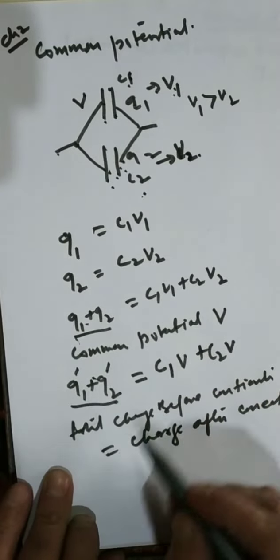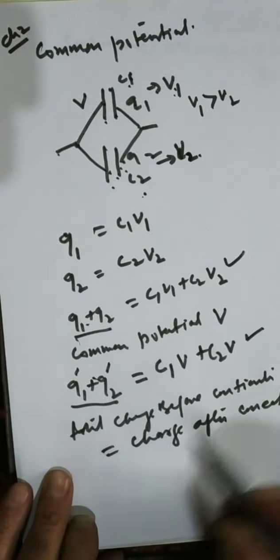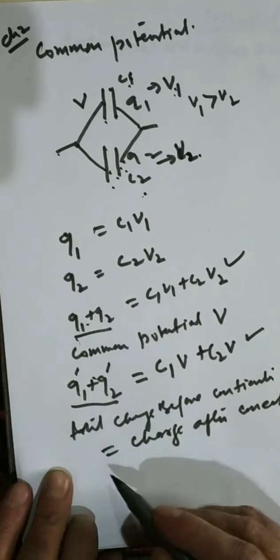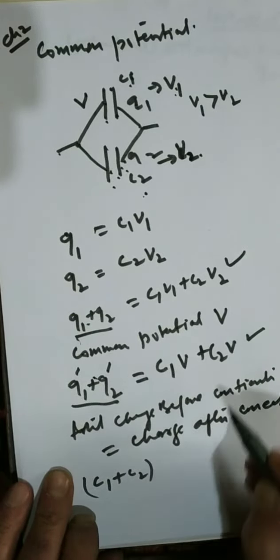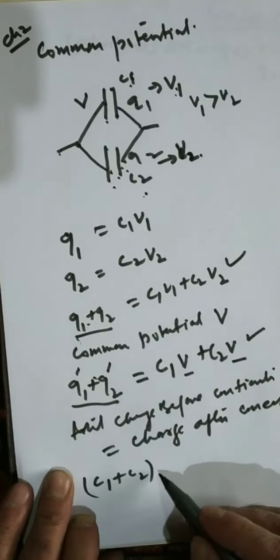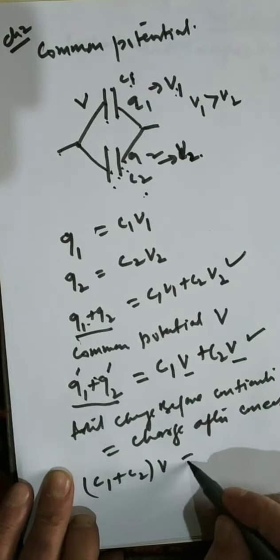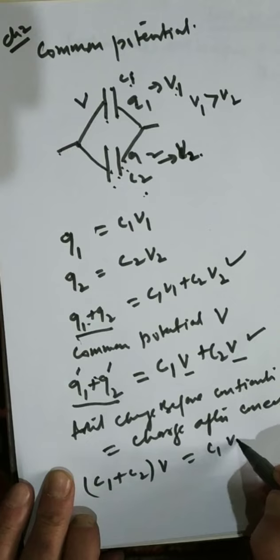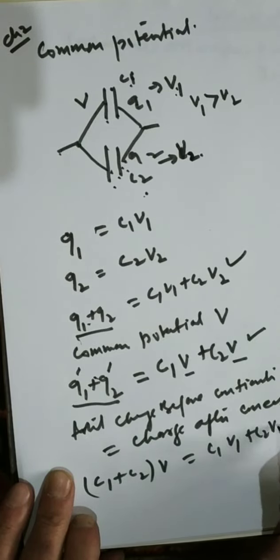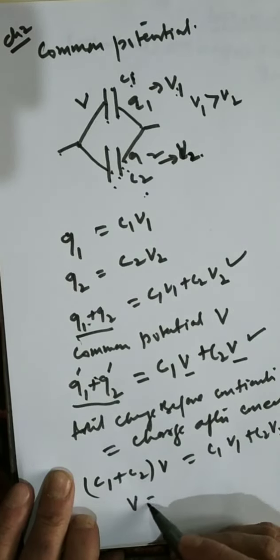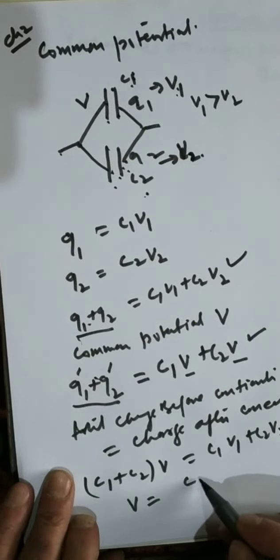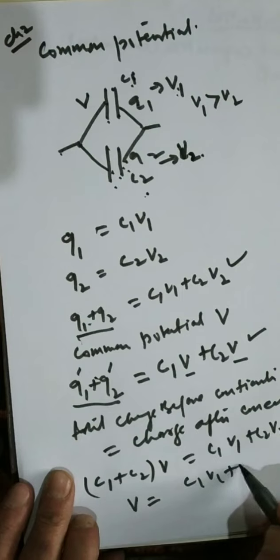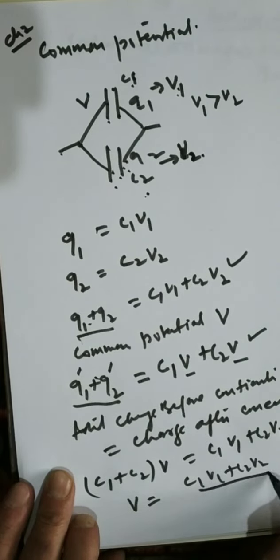That is, this equation will be equal to this equation, that is इसमें common C, that is C1 plus C2, इसमें V हमने common निकाला, V the common potential, so यहाँ पर C1 V1 plus C2 V2, or V common potential which both of acquire after connecting will be equal to C1 V1 plus C2 V2 divided by C1 plus C2.